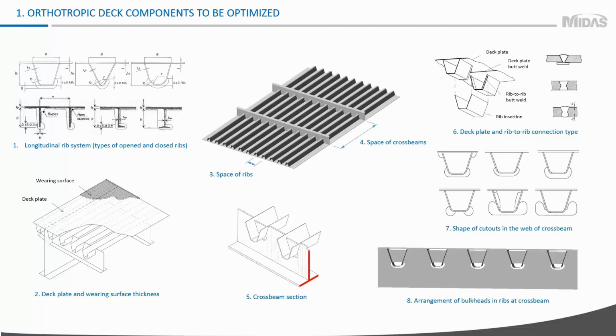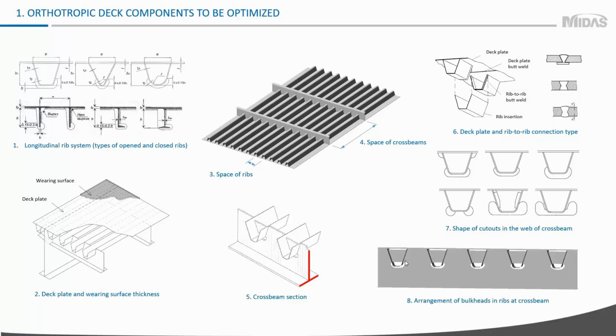If it's welded, then there are options for how members can be welded. Then optimization of cutouts, the shape of cope holes. Here you have to decide whether to consider these holes or not at all. If you need to consider them, there are different shapes available for optimization.